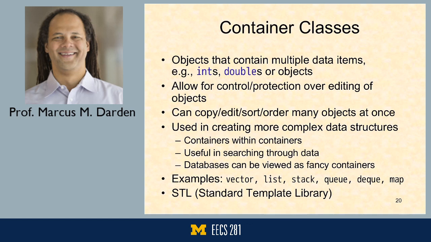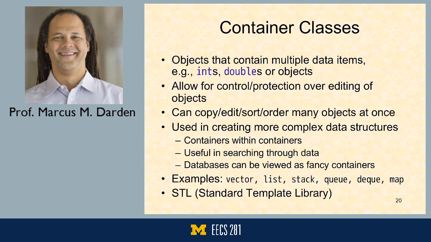And then the one that we're going to avoid probably the most in 281, it's not the worst container ever, it's just a bad container during 281, is the list. That's the STL list there. That's really a doubly linked list, and we're just not going to use that in 281. It has its place. That place is not 281. So if you've got a problem, you think you're getting ready to solve it in 281, and you think, oh, I could use a linked list, go talk to someone, because you're thinking the wrong thing.